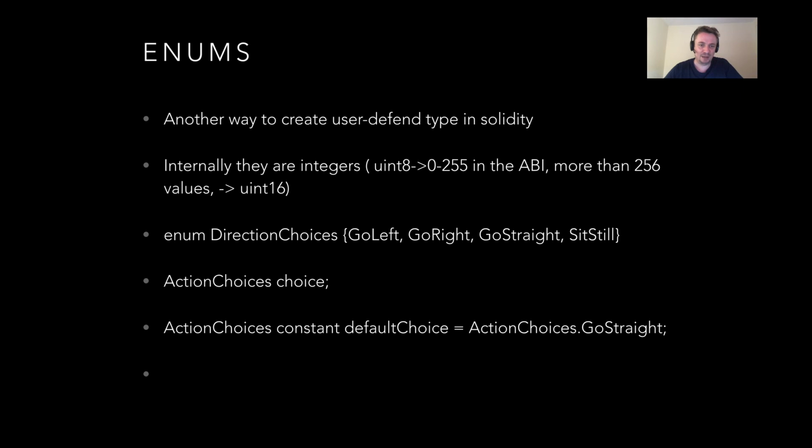You can declare a direction choices enum, where I will give already the options of go left, go right, go straight, and sit still. And those 4 options will already be assigned to an integer. And then I can very simply declare which option I want with the final phrase you see at the bottom.